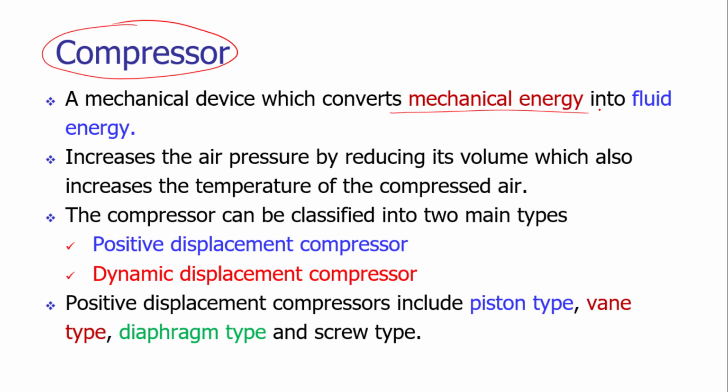So basically compressors increase the pressure by reducing the volume, and it is purely based upon Boyle's law. During the application of pressure there is an increase in temperature, so we need to further process that compressed air.